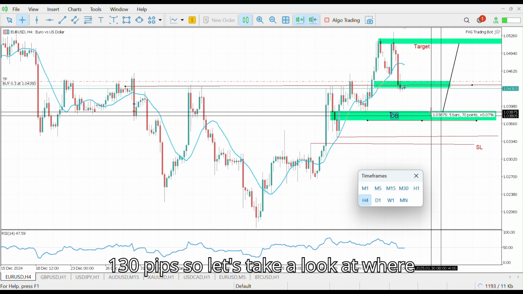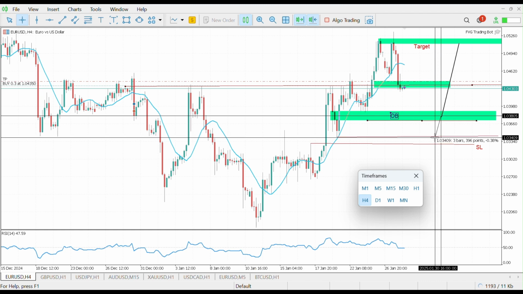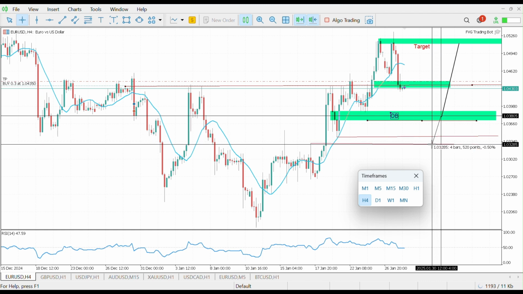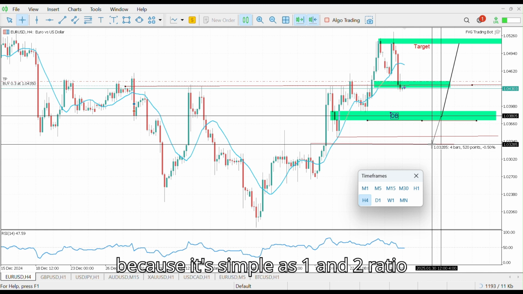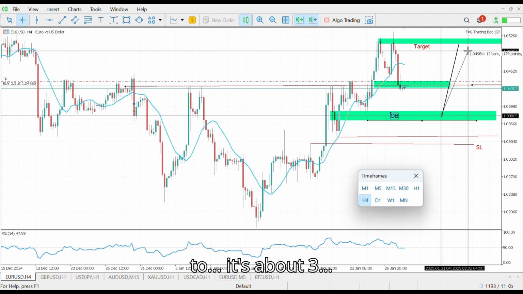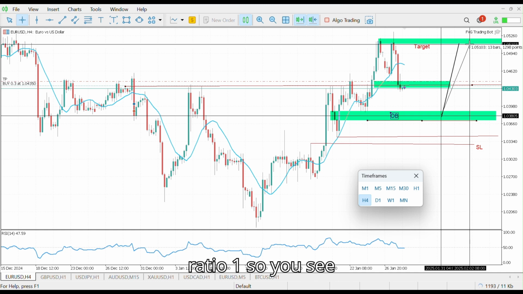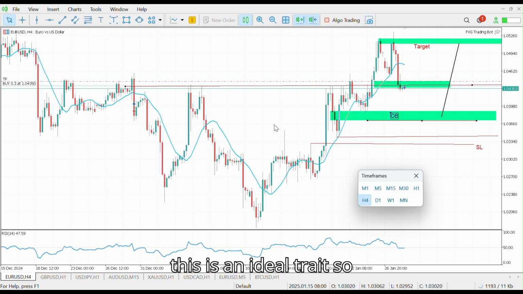So let's take a look at where our stop loss is. Just 52 pips, which is reasonable. That's about 2.5:1, about 3:1. So you see, this is an ideal trade.